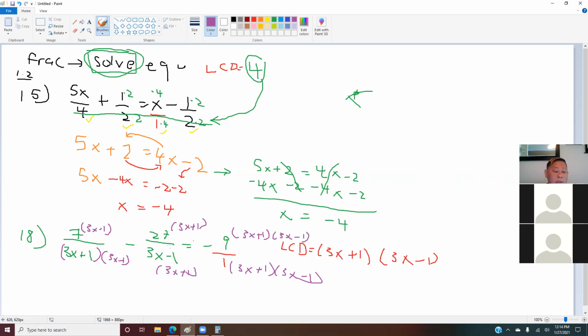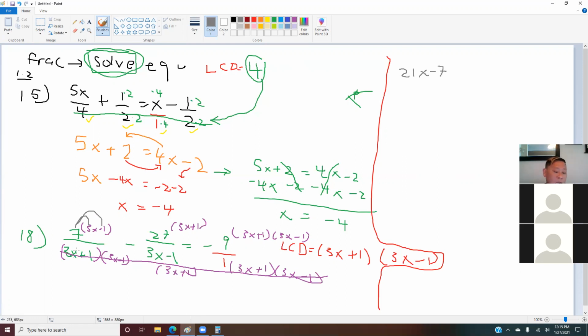So what you notice now is your denominator is the same as your LCD, 3x plus 1 and 3x minus 1. You can cancel the whole denominator. And now you solve your numerator, your top one. So the top one, you have to distribute your 7 here. So you will get 21x minus 7.